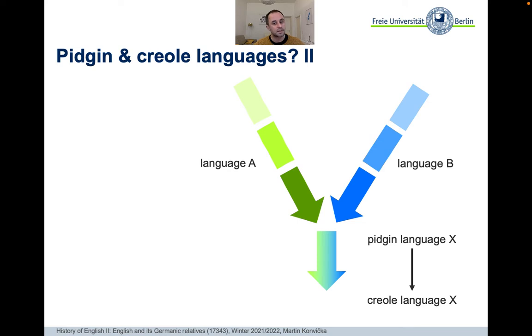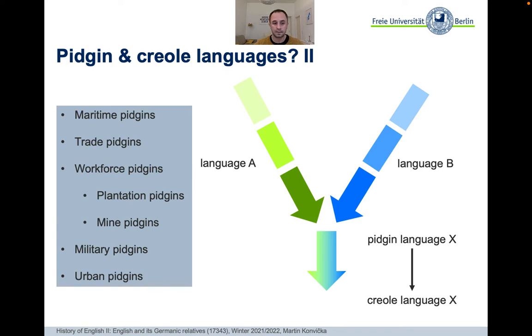I mentioned that the emergence of Pidgin and Creole languages happens under special circumstances. What are they? Well, there is a series of situations where this historically happened.